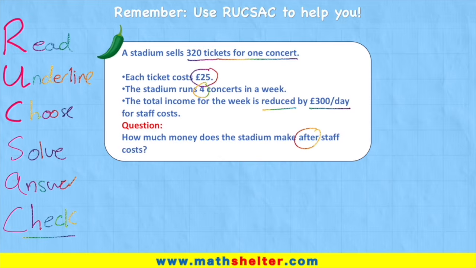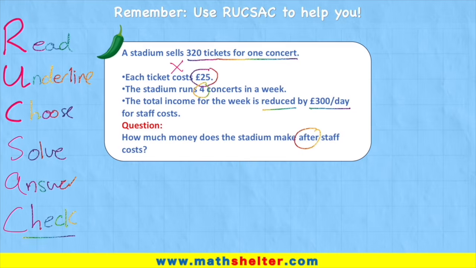Now we're going to choose. Well, what does choose mean? It means to choose the operation you're going to use to help you get the answer. So the stadium sells 320 tickets and each ticket costs £25. Well, if we have 320 and each of them is £25, I think we're going to be using multiplication here. So I'm going to put a little multiplication sign to remember.